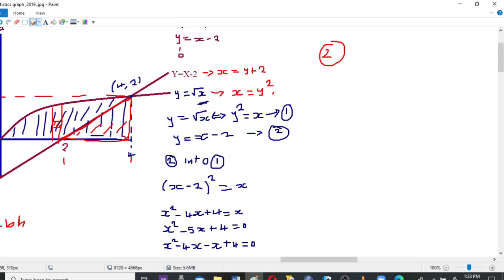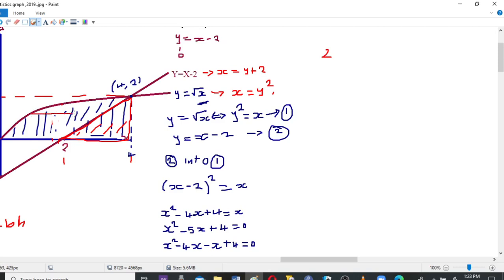We have the limits for x, coming from that graph. There's a mistake here. I made a mistake. We are using the horizontal strip here, and not the y-axis. Sorry about that. Double integration is about knowing your boundaries. So we are using the horizontal strip here.